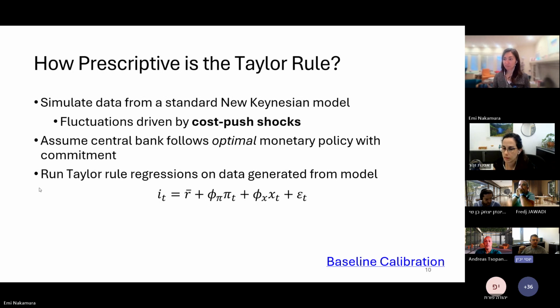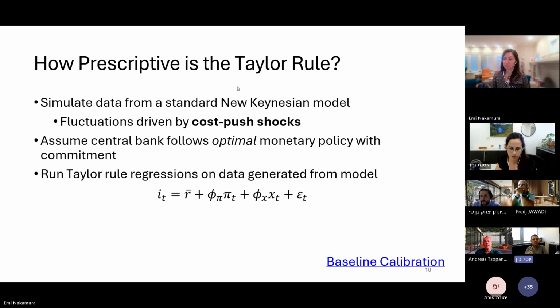And then I was wondering what happens if you estimate the Taylor rules allowing for interest rate smoothing. Then the coefficient on inflation is also multiplied by 1 minus the smoothing coefficient, so the overall coefficient can be smaller.